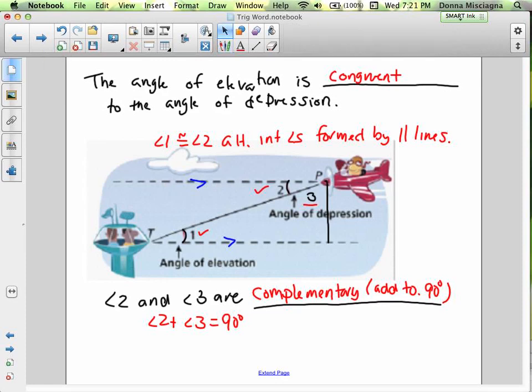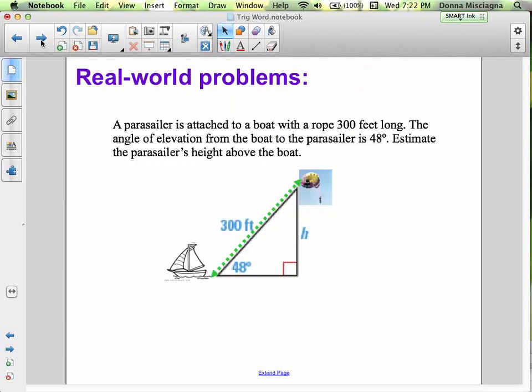But you have to make sure your angle's in the triangle. So if that's my triangle right here, the one I've drawn in black, where I just put that right angle mark, I have to work with either angle 1 or angle 3 because angle 2 is not in my right triangle. So either I use angle 1 and remember they're congruent, or I use angle 3 and I remember they're complementary. So let's solve a problem.